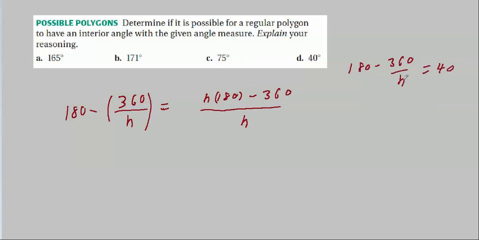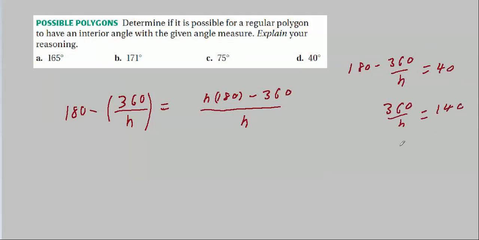So there may be some n that will give us 40, but it has to be an integer. So the first thing we can do is subtract 40 from 180 and shift this so that we get 360 over n equals 140.